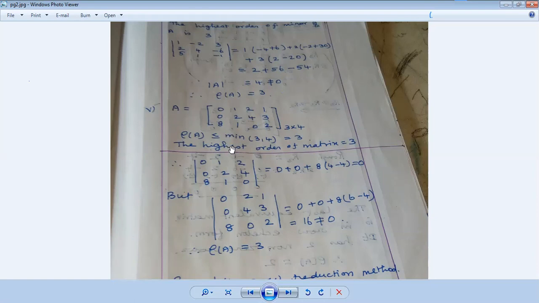When you take first column, third column, and fourth column, expanding column wise, first one is 0, the next one here is 0, then the third one is 8. So 8 into 4 minus 4, which is equal to 0.